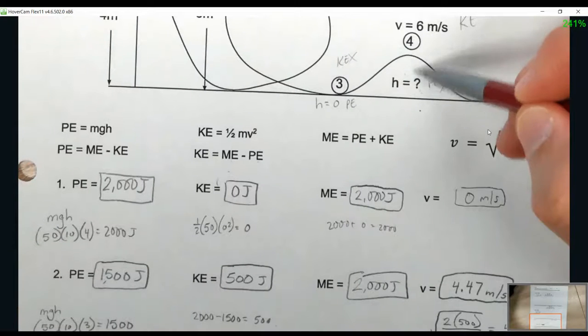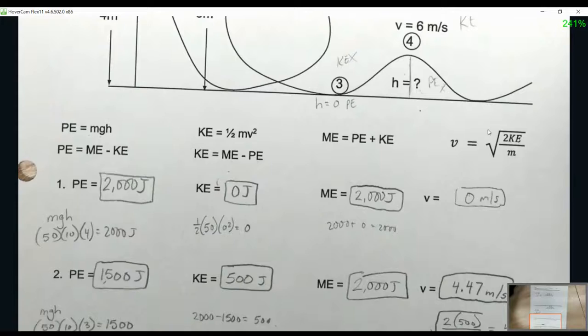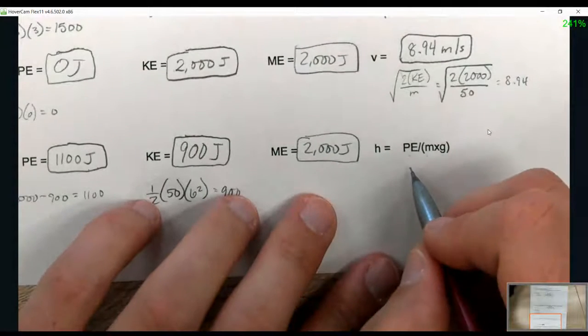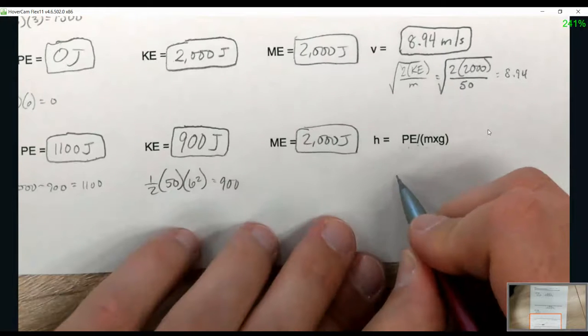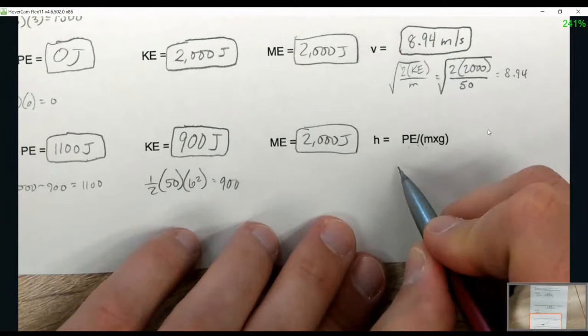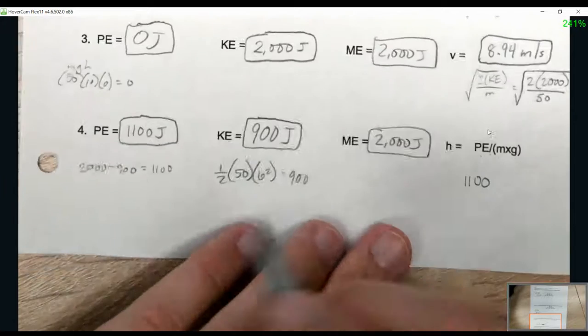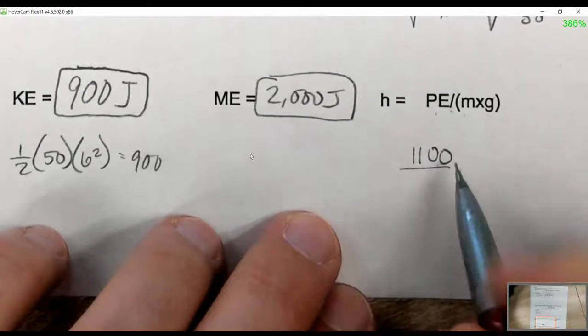Now, we want to know what the height is. How high would the roller coaster cart be at that point? So to find h, you can take the potential energy divided by mass times gravity. So for that equation, you're going to take 1,100, because that was your potential, and you're going to divide that by mass.